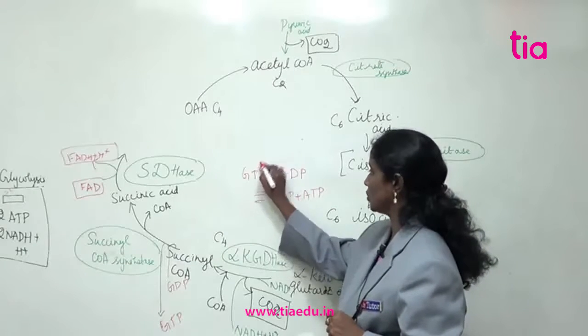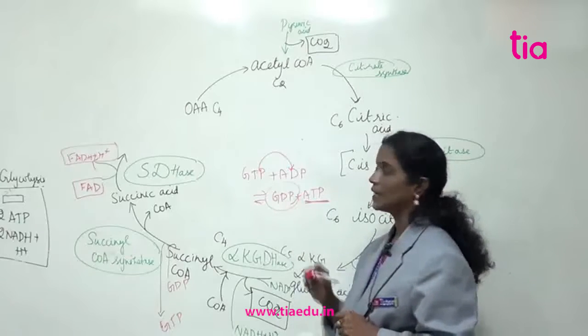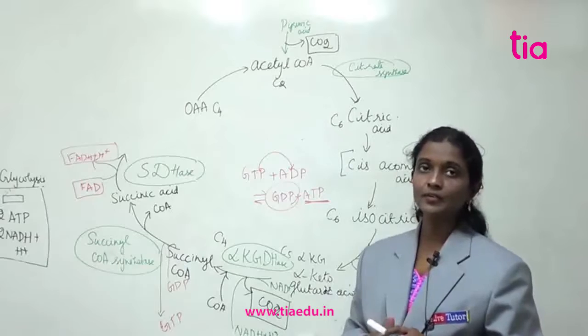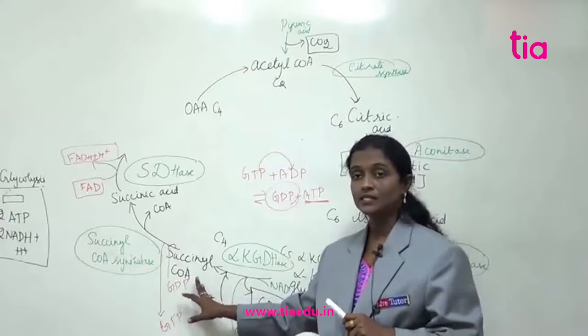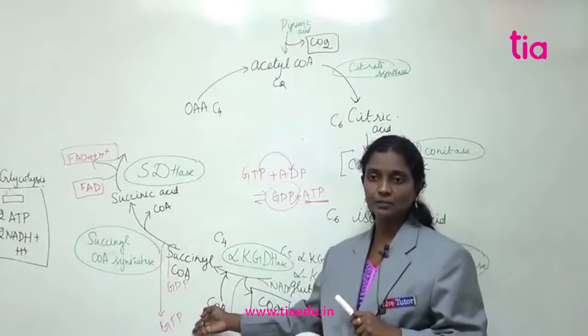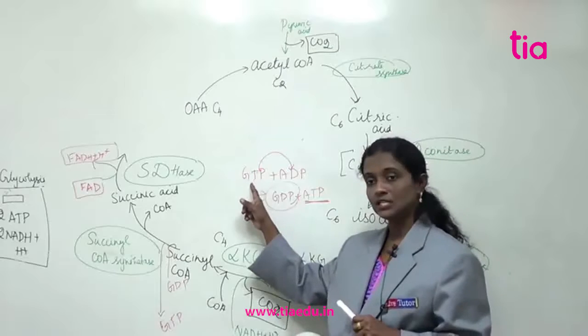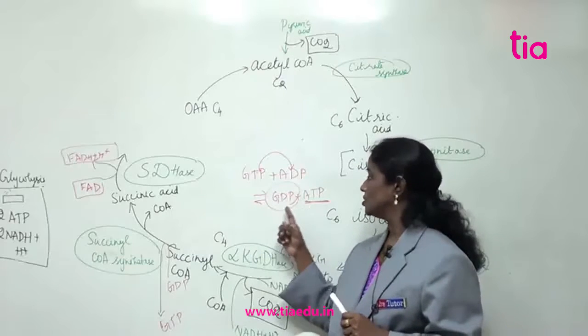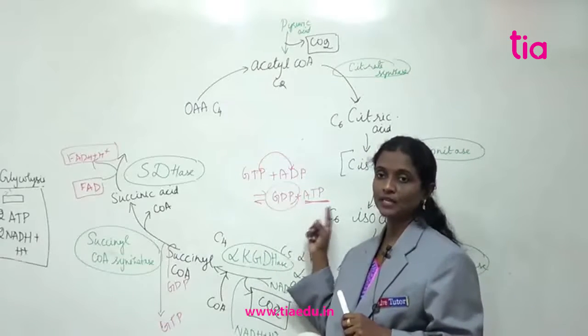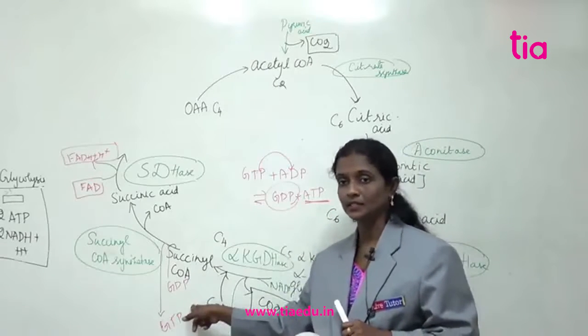This phosphate is donated to ADP so that it becomes ATP, and we get GDP again. So we can consider this step as a profit of 2 ATP. Actually speaking, it is 2 GTP, but we can also consider it as 2 ATP, because GTP plus ADP can give you GDP plus ATP. So we can even consider straight away that we are receiving 2 ATPs in this step.